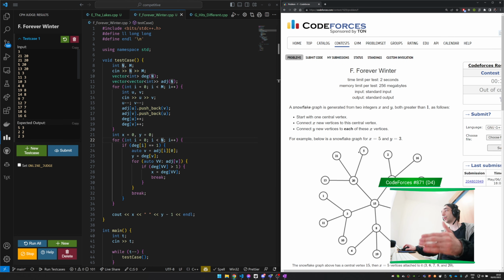But if the problem were such that you could do this operation many times, then what you want to do is somehow map out the degrees. You will have different sets of degrees.